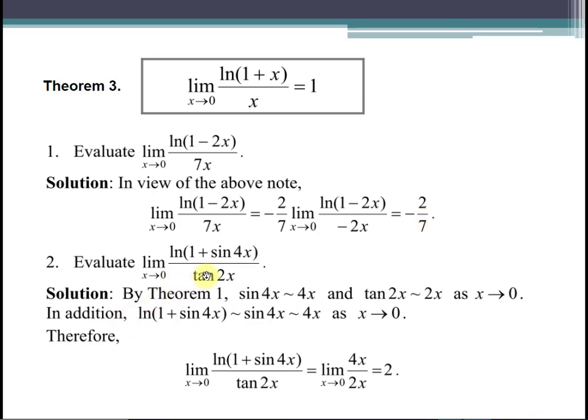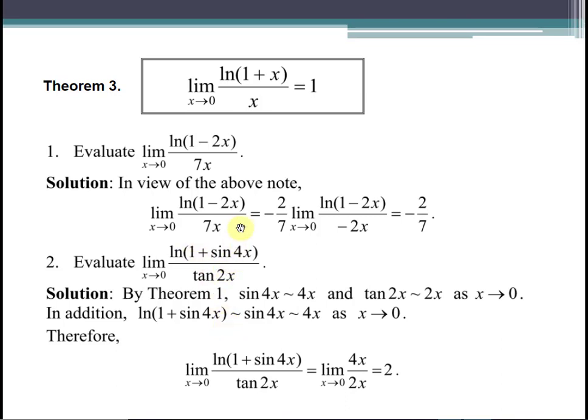Number 2, evaluate the following limit. Logarithm of 1 plus sine 4x over tangent 2x. By Theorem 1, from the first fundamental limit, sine 4x is equivalent to 4x, and tangent 2x is equivalent to 2x, as x tends to 0. And in addition, we have natural logarithm of 1 plus sine 4x.